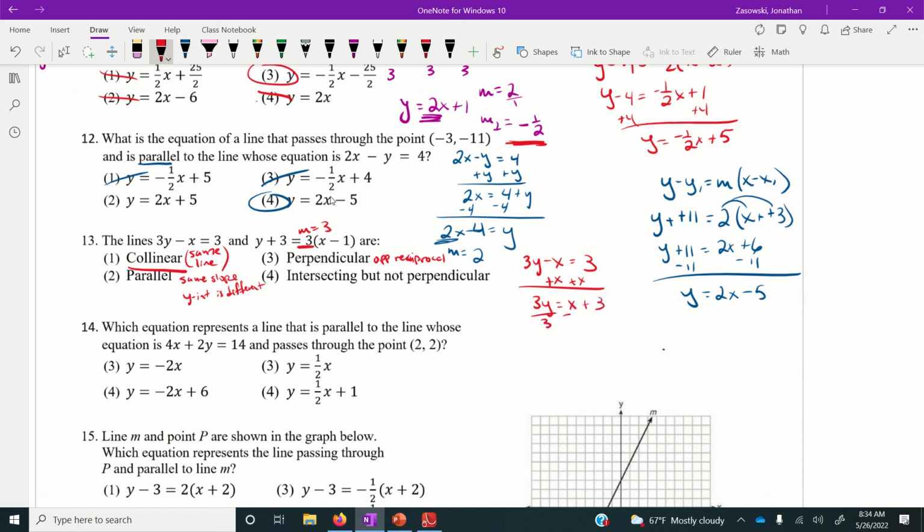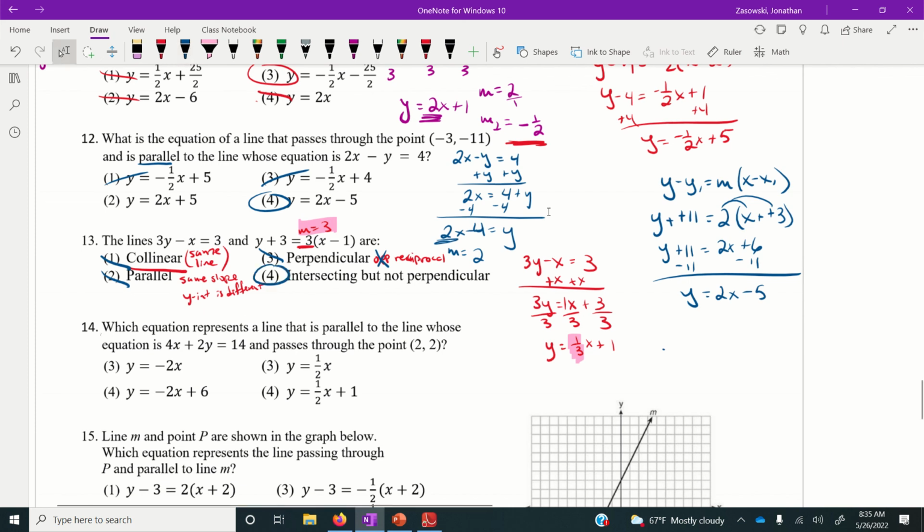And then when we divide by 3, remember there's technically a 1 in front of the x. So this is 1/3 x plus 1. So we notice the slope here is positive 3 and positive 1/3. So this is the problem, they're not opposite reciprocals, they're just reciprocals. So that's not perpendicular. They're not the same, so they can't be 1 or 2. So it has to be choice 4.